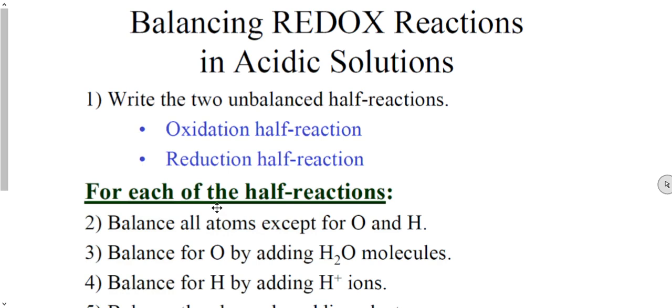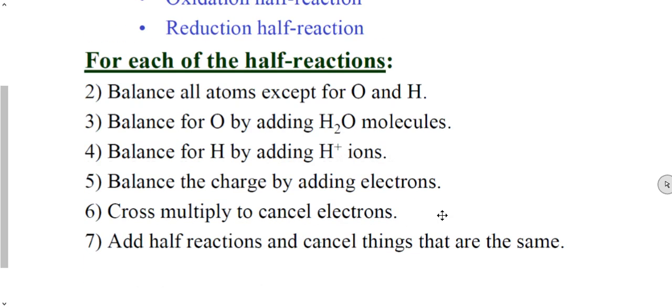Then to balance each of those half reactions, we start by balancing all of the atoms except for the oxygen and the hydrogen. In other words, we're going to balance our redox species, and we do that by using a coefficient. Then we're going to balance oxygens by adding as many waters as we need to, because of course this is a solution, so we're going to have water in abundance.